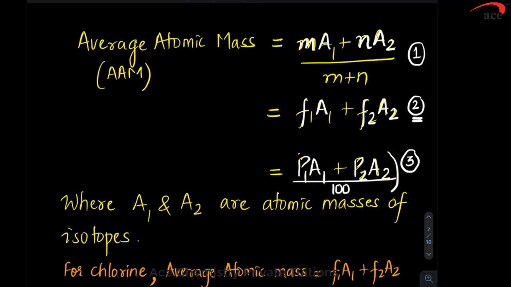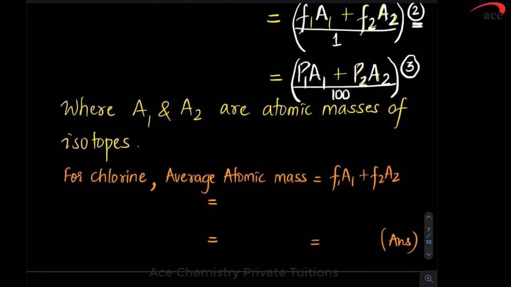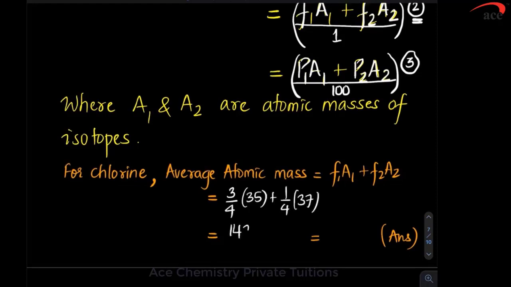Oh, there was an error. It should be divided by 100. It should be divided by 1 because F1 plus F2 is 1, but 1 you don't consider. So for chlorine, average atomic mass will be F1 A1 plus F2 A2. So 3/4 is the abundance of 35, and 1/4 is the abundance of 37.